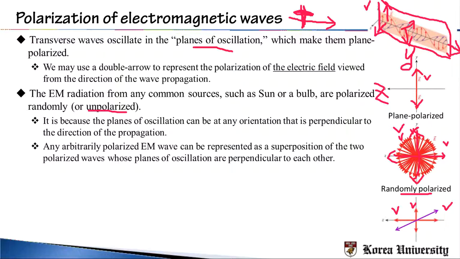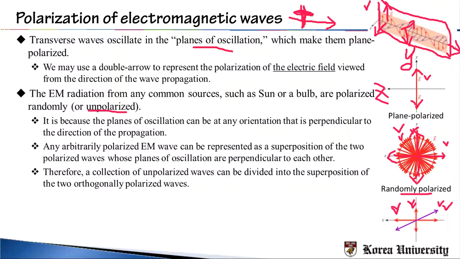When you combine these two, you can make the original one. Which means that whatever direction you choose, you can decompose it into two components along y and along z. That is one important thing.